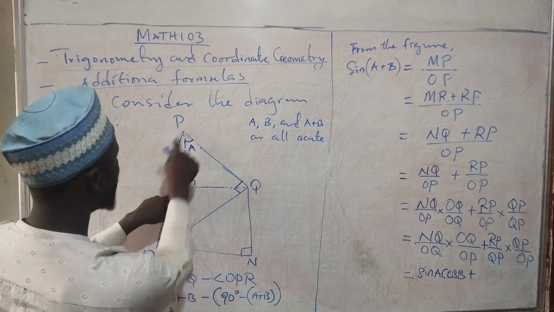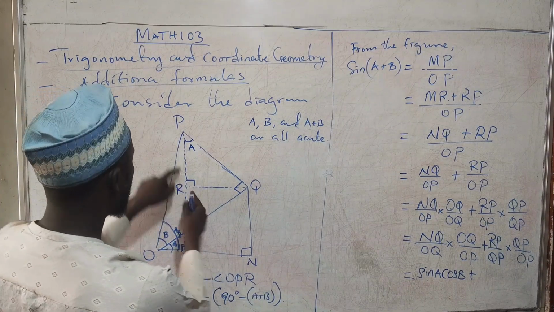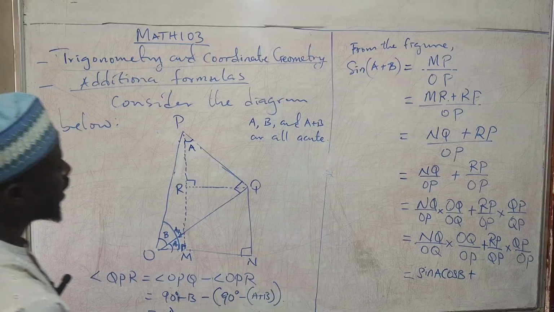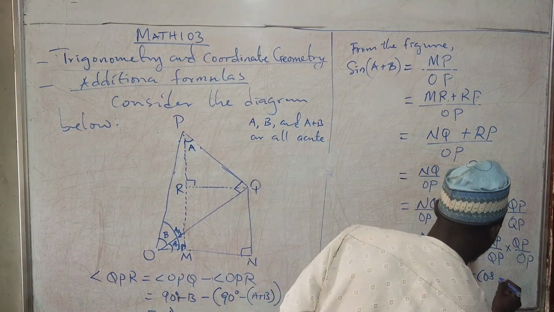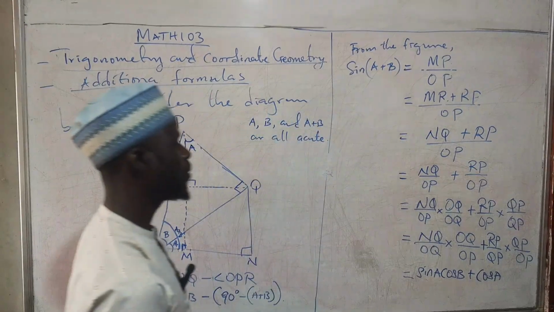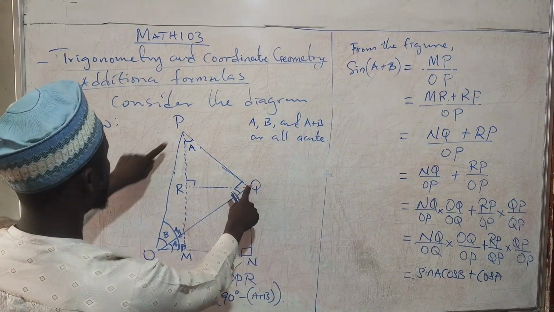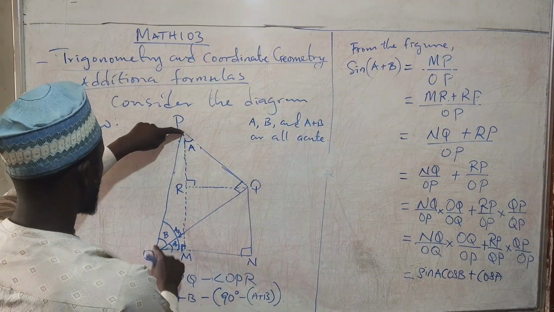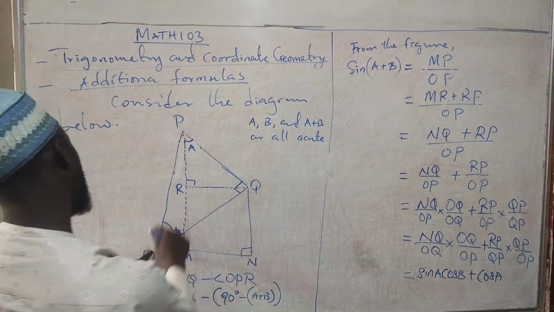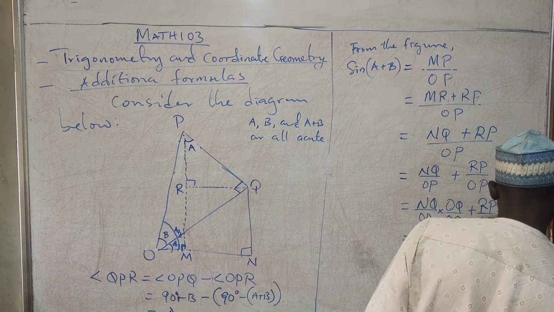Where is RP over QP? That is adjacent over hypotenuse of A, that is cos A, times what is QP over OP? This is QP over OP, that is opposite over hypotenuse of B, and that is sine B.